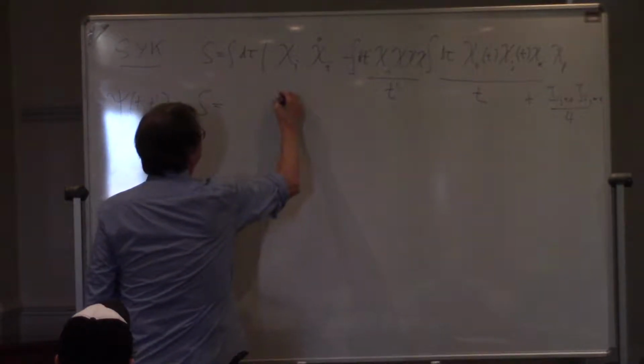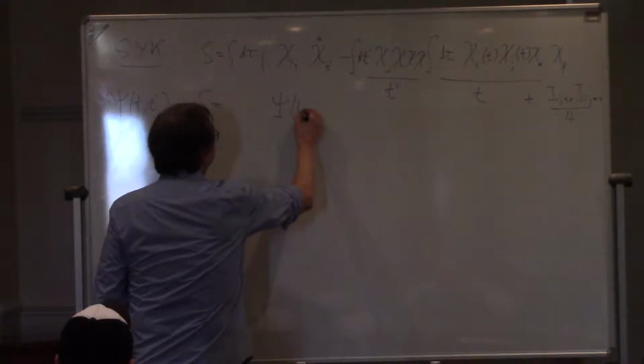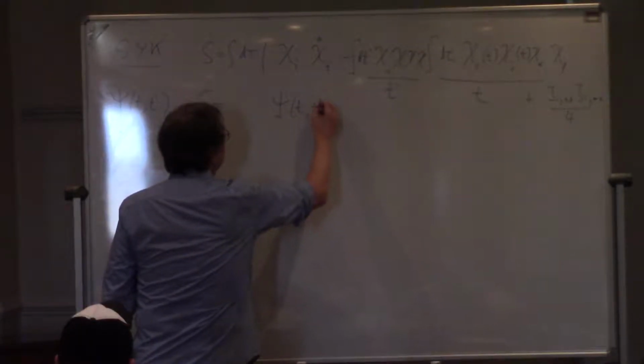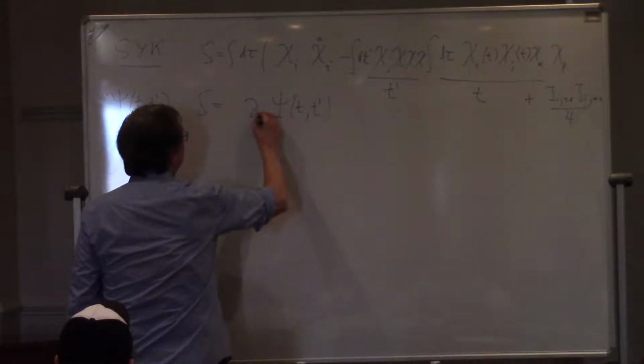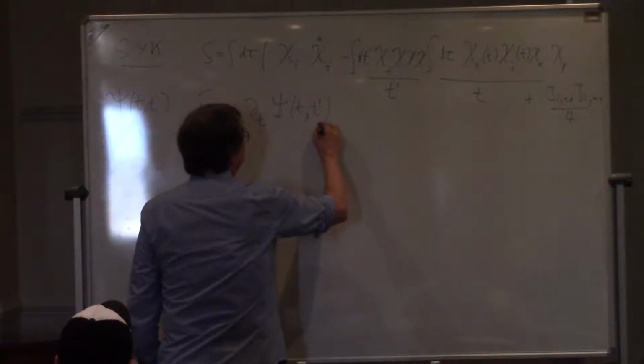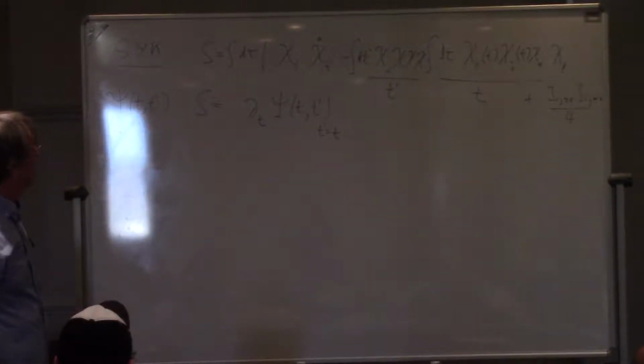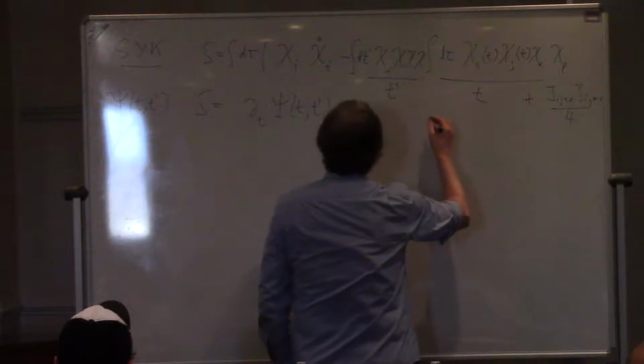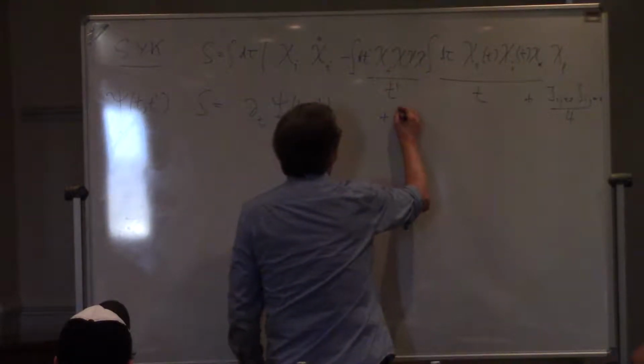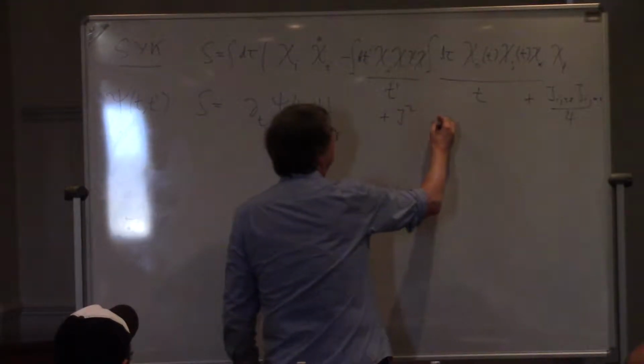It is this psi of t prime, derivative of t, and t prime is equal to t. That's the first term. The second term with strength J squared is actually fairly nice.